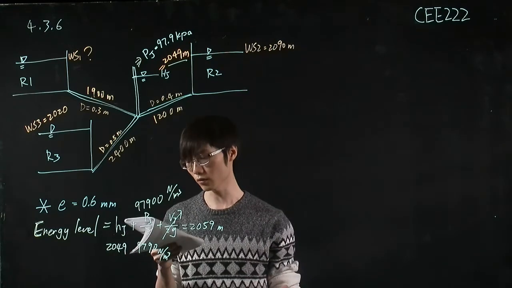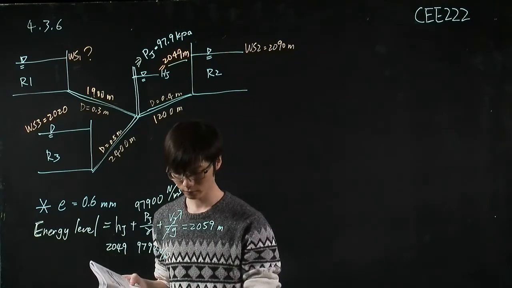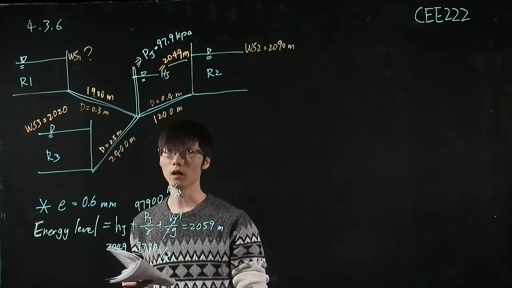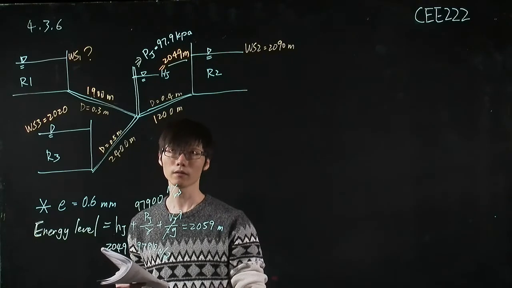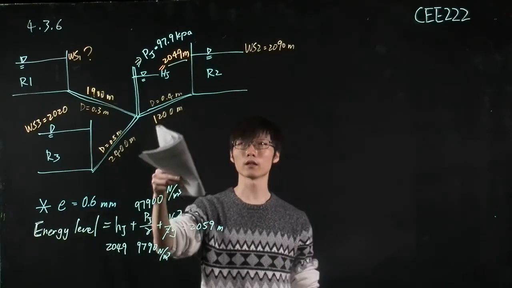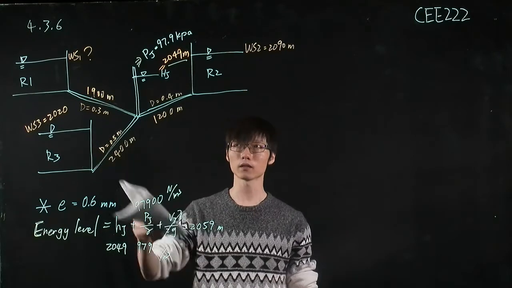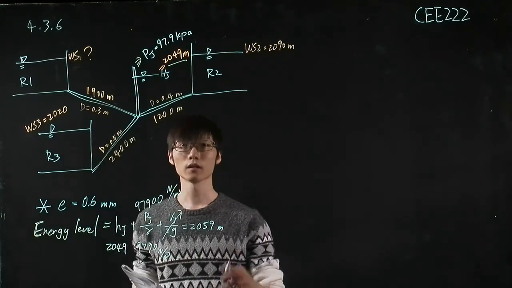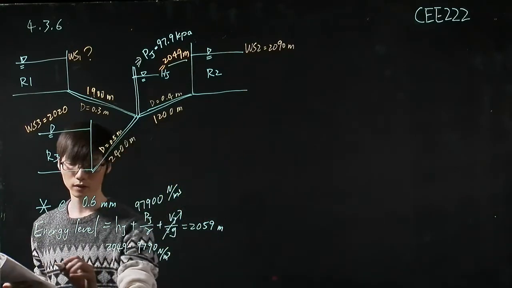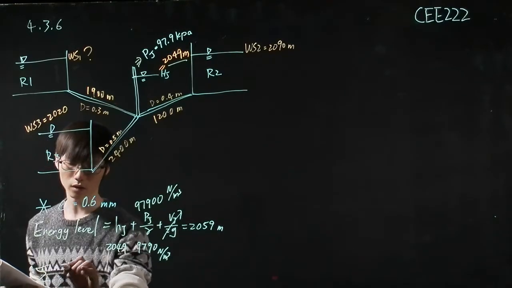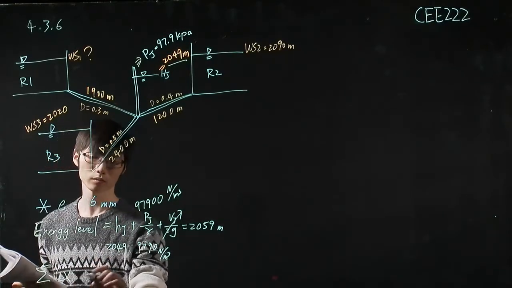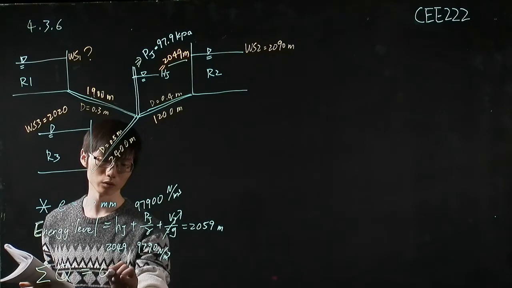Then what else do we need? If the system is balanced, then we should have the summation of the Q equal to 0, right?